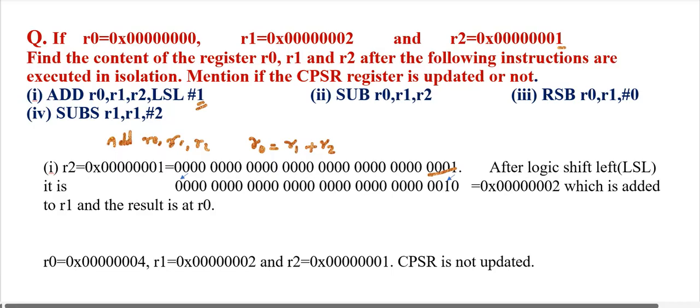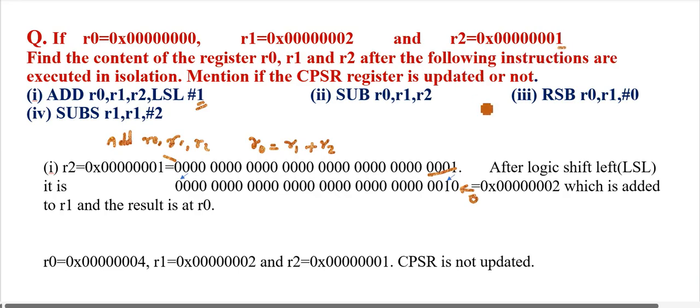If you shift left, this MSB will go, and a zero is appended here. So after the left shift, the other zeros have no changes. That's why in the example you take a simple number, so that you can easily find the answer.